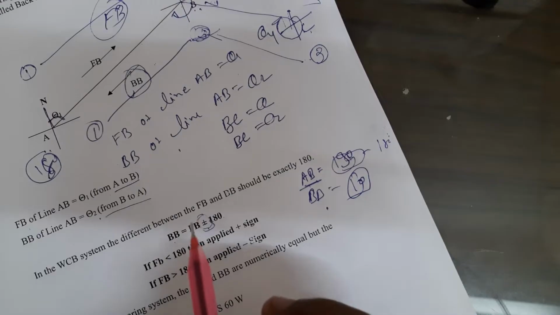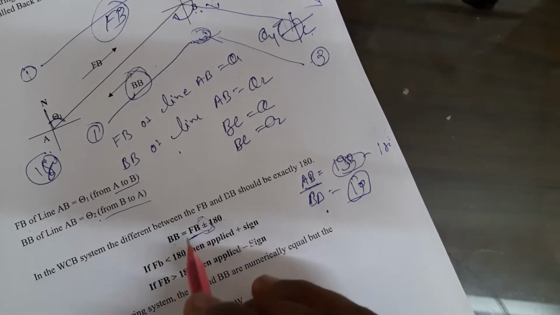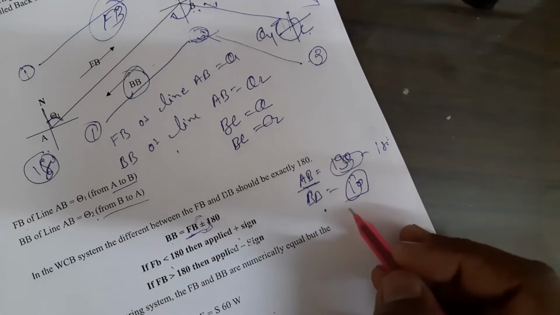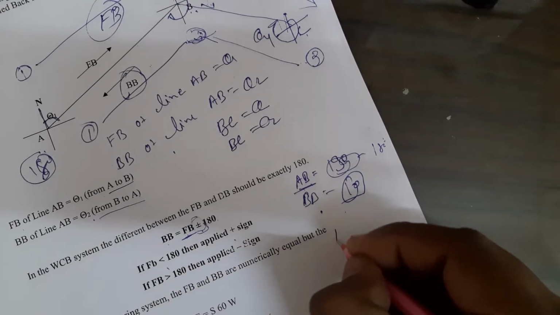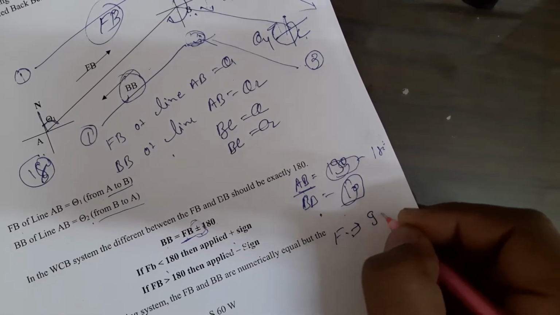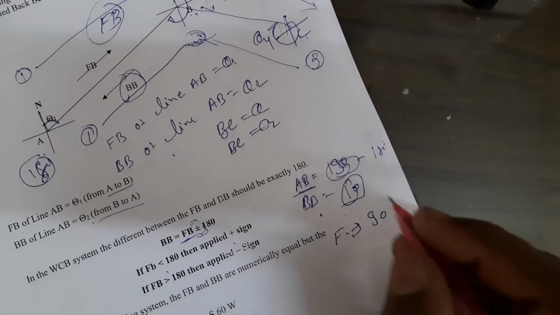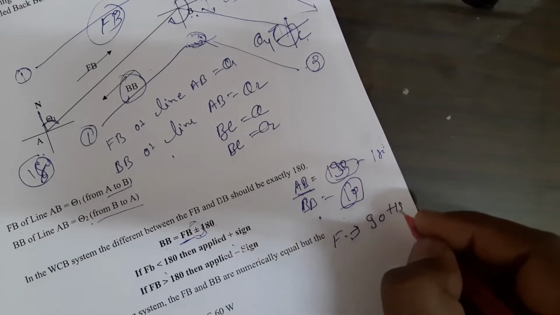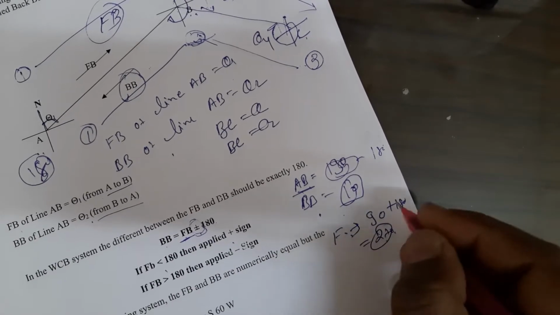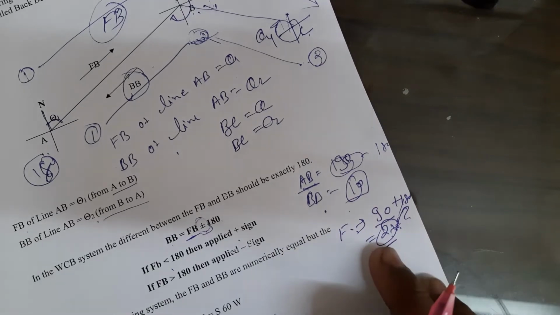If the forebearing is less than 180 degrees, put a plus sign. Assume the forebearing is 90 degrees; we add 180 and get 270 degrees. So the difference between forebearing and back bearing is exactly 180 degrees.